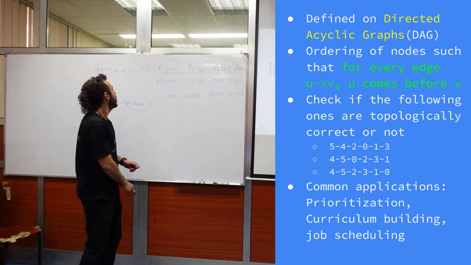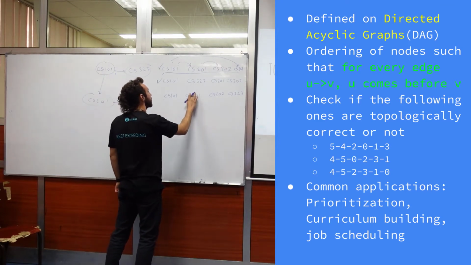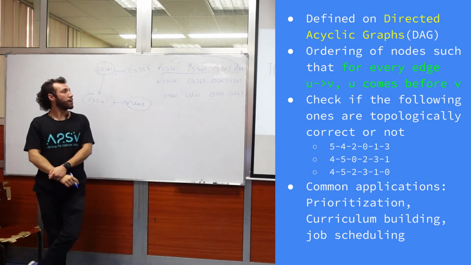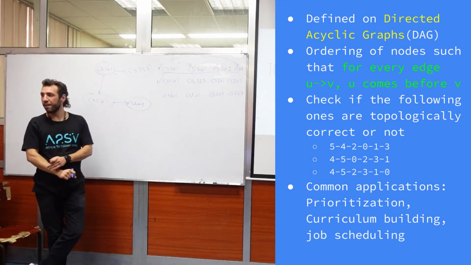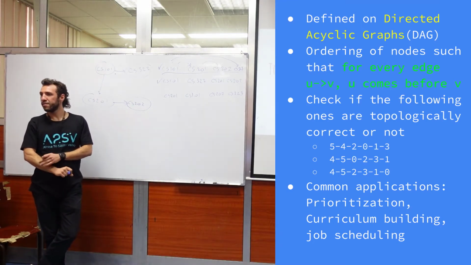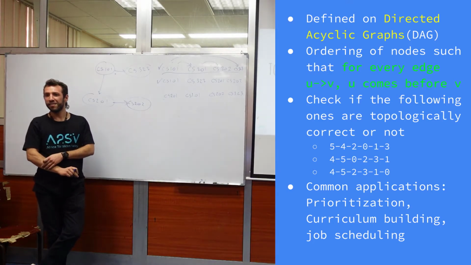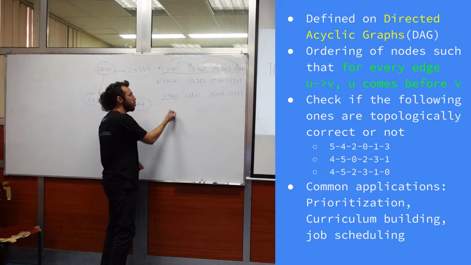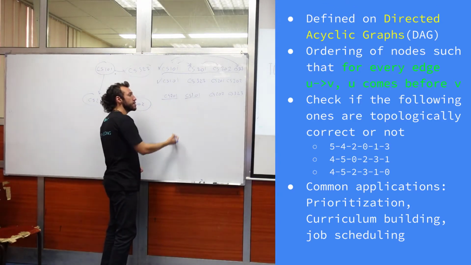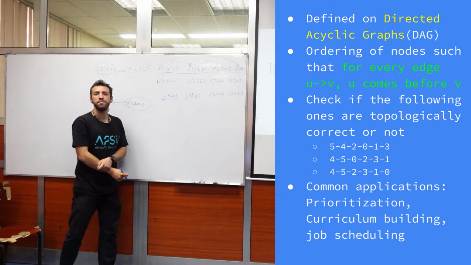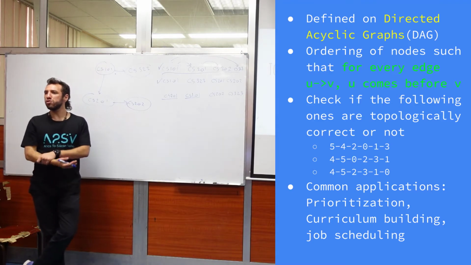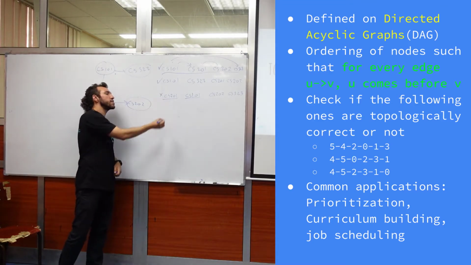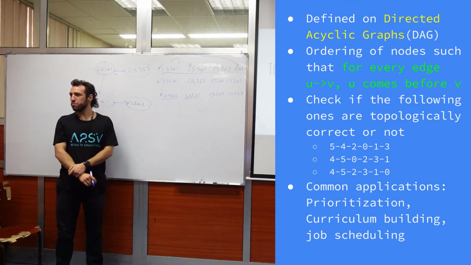Oh, okay, so let's make a change. It's not topological, right? Because we start with CS201 and after that we get CS101. But in order to be able to get CS201, we should have taken CS101 first. And that is not the case. So that's why this is not a topological sort.